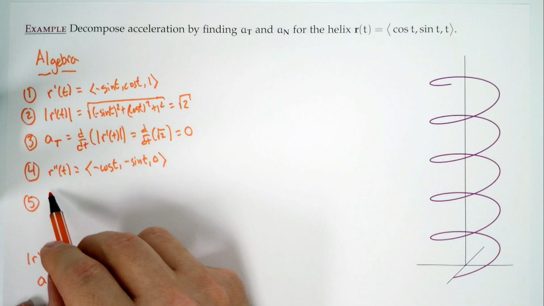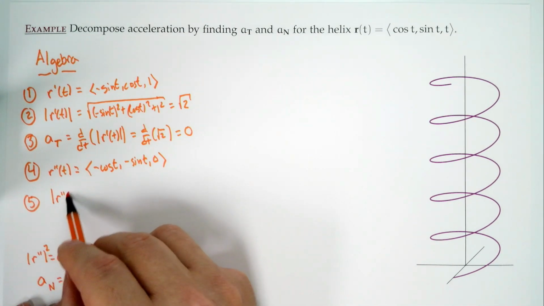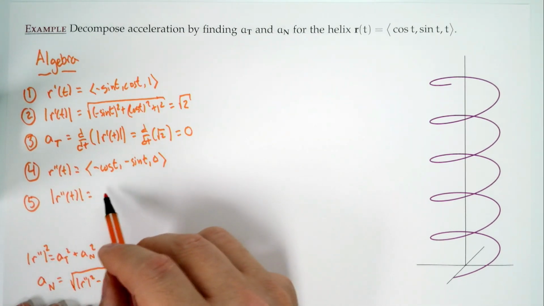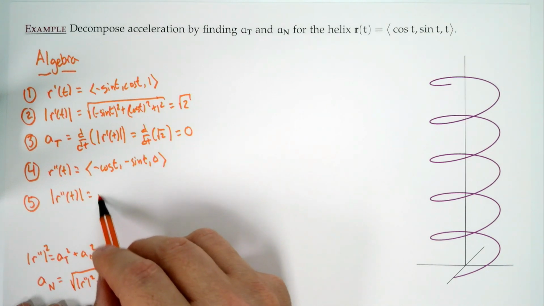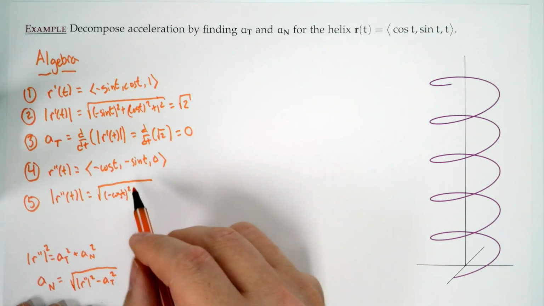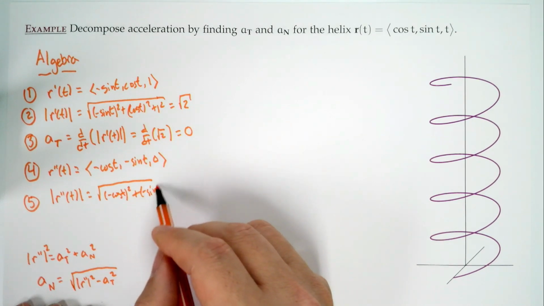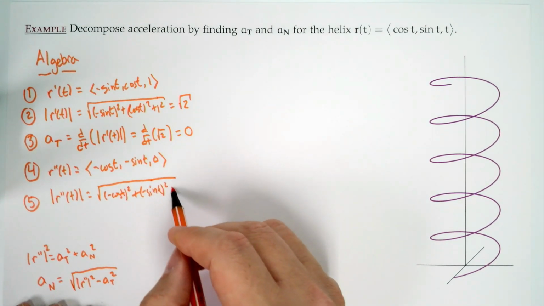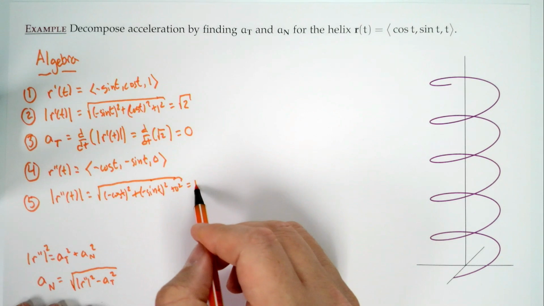So, first off, we'll compute the magnitude of r double prime. That would be, in our case, the square root of negative cosine t squared plus negative sine t squared plus 0 squared, which is 1.